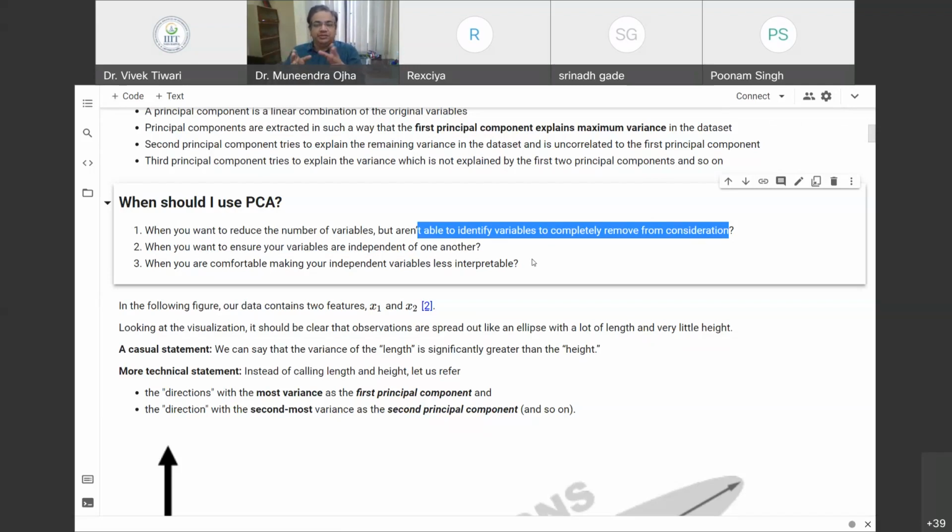But suppose there are two features, height and weight, and I'm not able to exactly find the correlation and cannot remove them, then in that scenario PCA comes in very handy.